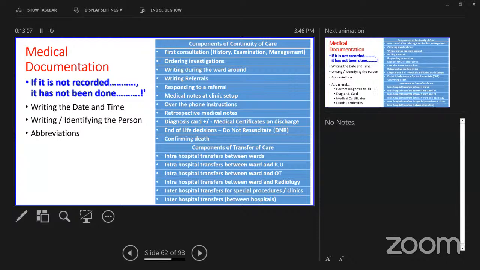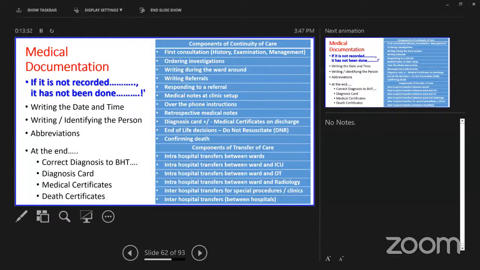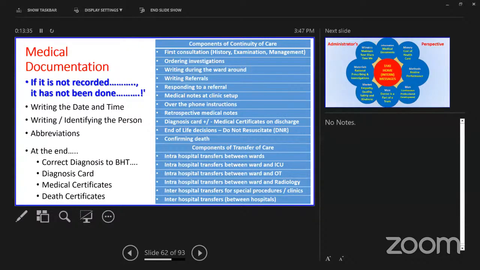That intern medical officer told us it is not free fluid but foam filled. So don't use non-standard abbreviations. You can't justify the answer. FF is free fluid for us, and for him FF means foam filled. So don't use non-standard abbreviations. Then, at the end, correct diagnosis on the BHT, diagnosis card, medical certificates and death certificates are important components of the health system. So make sure that you do that medical documentation very clearly.